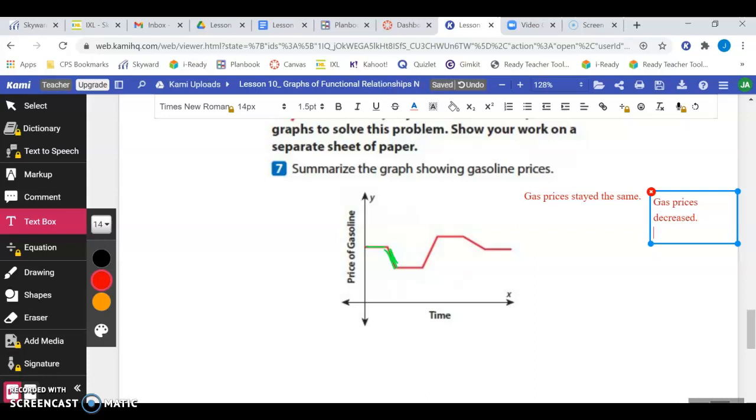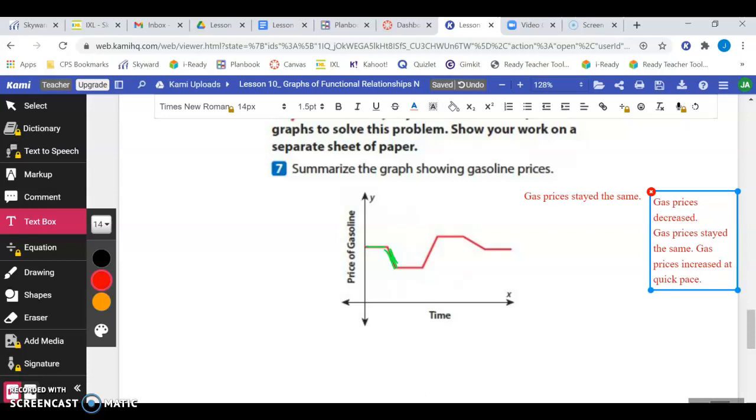It's not rising or dropping. So our gas prices stayed the same again. Then our line shoots up. So we can say gas prices increased at a quick pace.